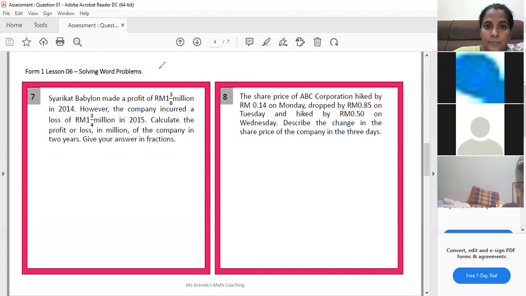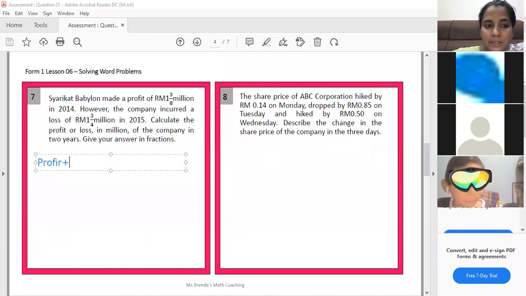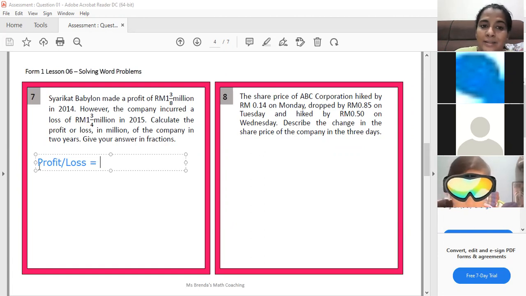So, in other words, the same thing we have done earlier. Now the number became a little bit difficult. Profit or loss equals, we don't know exactly what it is. So start with your 2014, which is 1 3/8 million. Okay, can someone translate this? What is 1 3/8 million? If you don't want to change it, you can also work it as a fraction, right? But for me, I find it a little easier when I work it out as a whole number.